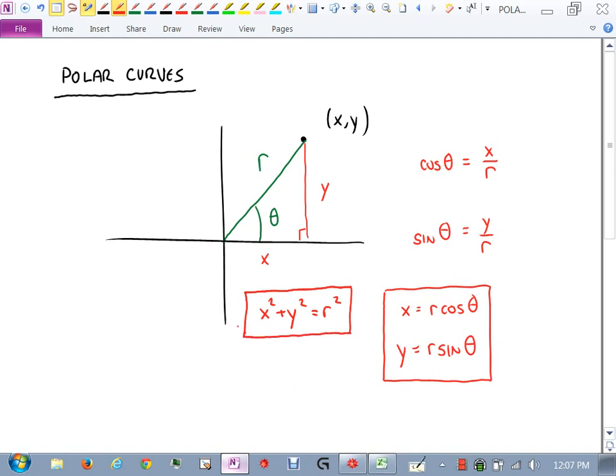And then, one more thing, I know that theta is arctangent of y over x. And that's because tangent theta is y over x. So theta is arctangent of y over x. So these are the four major equations that we have from Cartesian to polar coordinates.